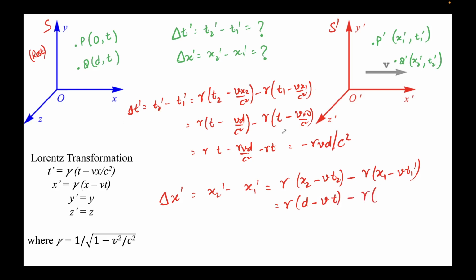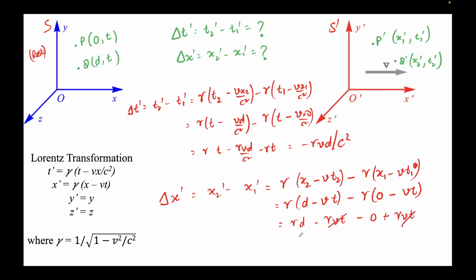Minus gamma times the coordinate for event P, which is 0, minus v t1, and the time coordinate for event P is t, so minus v t again. Solving this, it will be gamma d minus gamma v t minus 0 plus gamma v t.